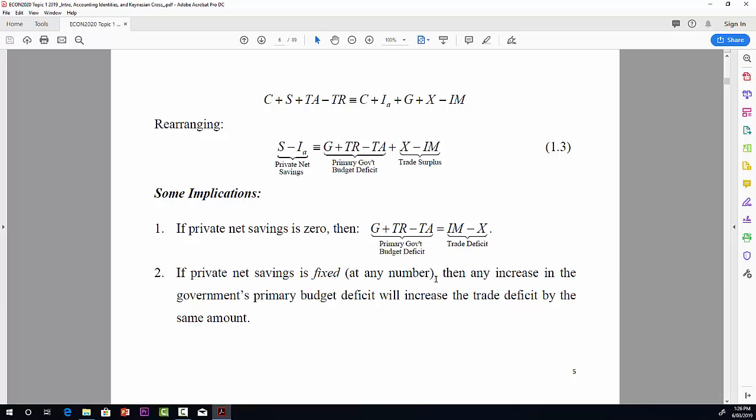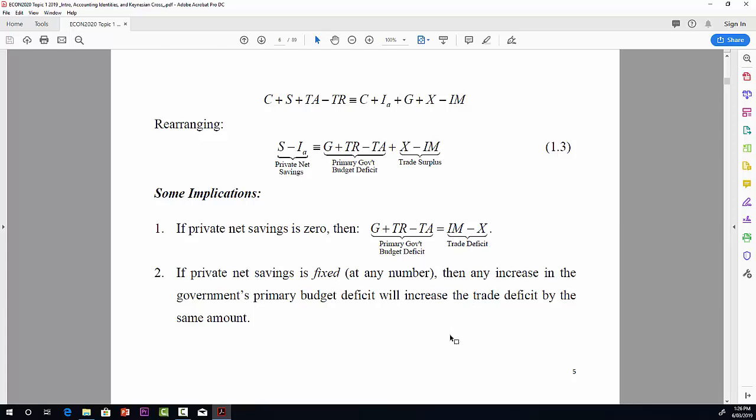But if it's fixed, if it doesn't change, then any increase in the primary government budget deficit will increase the trade deficit by the same amount. So just by the basic math of that equation, if you hold this fixed and you increase this, then this must go down, which means the trade deficit must go up.